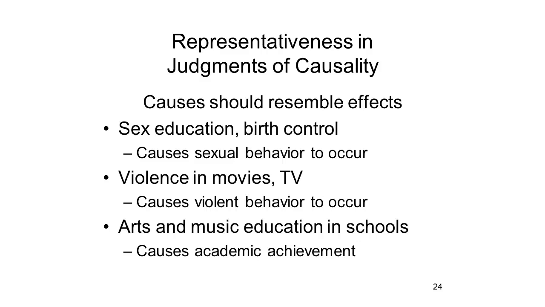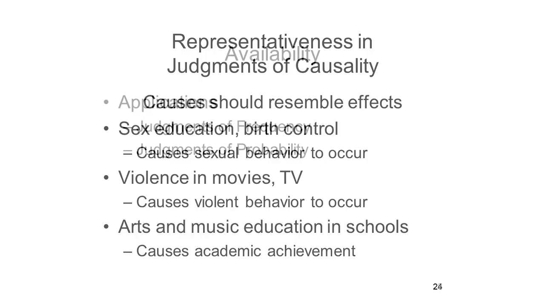In fact, the true situation may well be the reverse, that schools with a large proportion of high-performing students are forced to offer music and arts programs as well as the basics. But one way or another, these public policy positions are all examples of the intuitive idea that like causes like, and that's what the representativeness heuristic is all about.